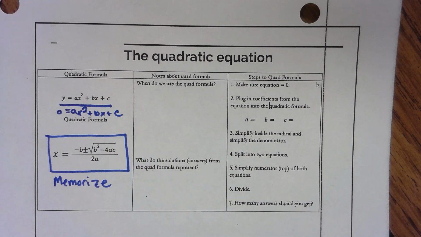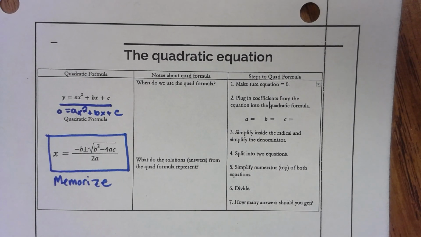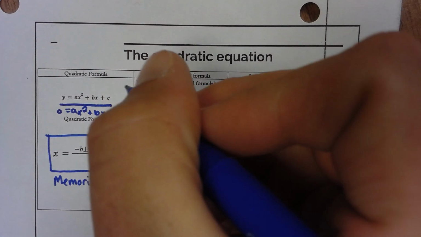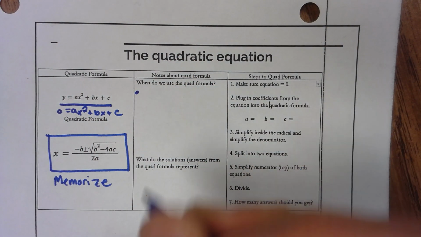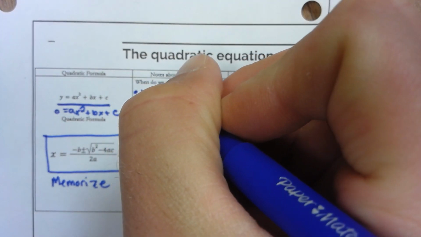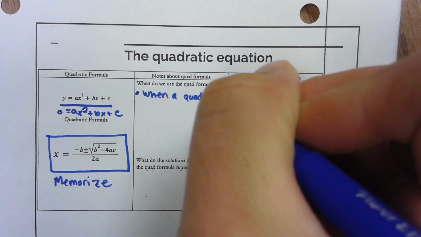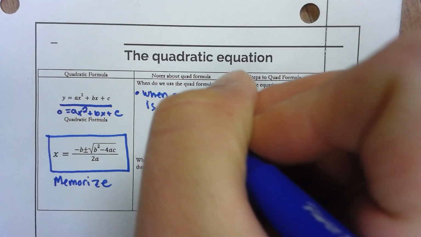So a couple things. When do we use the quadratic formula? There's a couple reasons. First thing we're going to make a note of is when a quadratic is equal to 0.